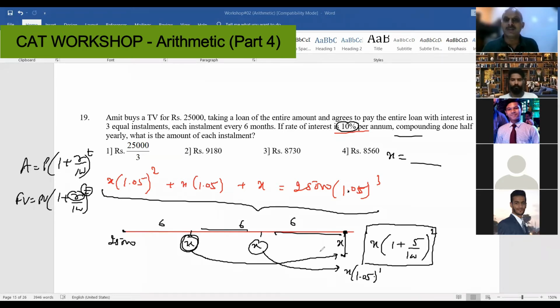So the future values of all three payments made will be added. So x plus x into 1.05 plus the third term x into 1.05 square. This is what I have written. This is the future value payment summation. I cannot simply add 3x. I cannot say x plus x plus x, because these three payments are not of equal value, because they are paid on different dates.